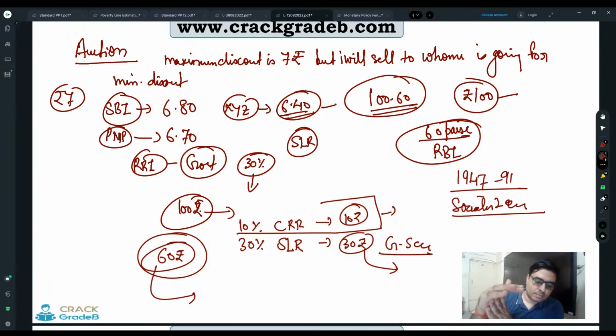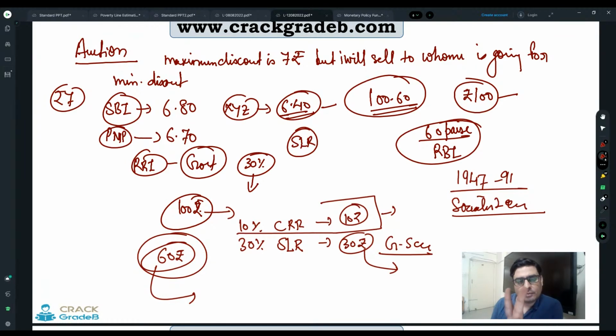At one point of time India had 15% of CRR and 45% of SLR. 60% of banks' deposits was blocked in CRR and SLR. After 1991 we opened the economy, and for that purpose we gradually decreased what? The CRR and SLR requirement.